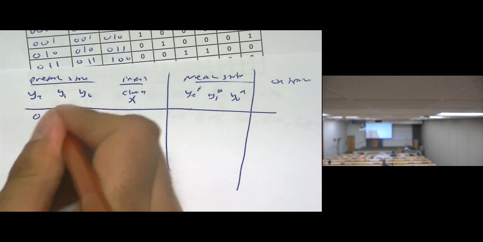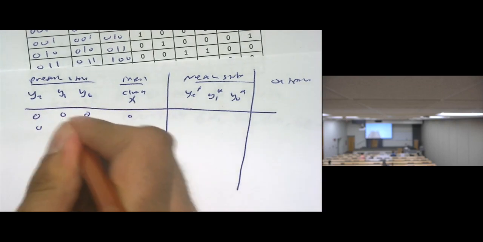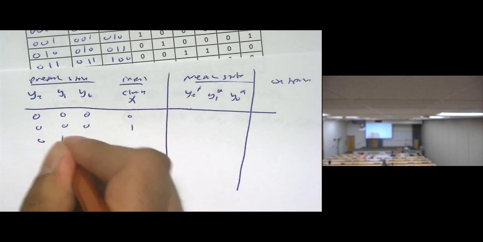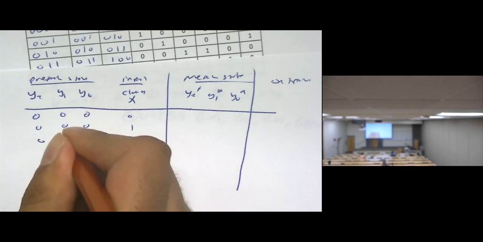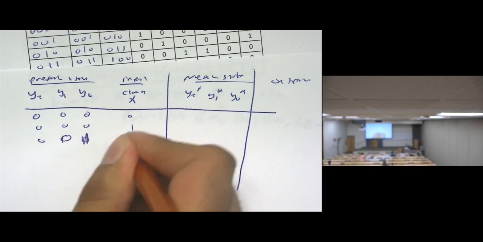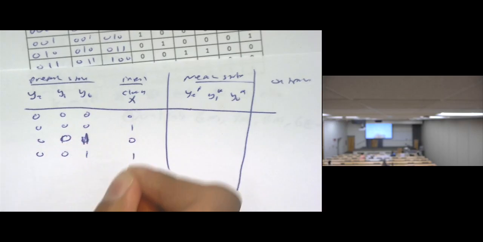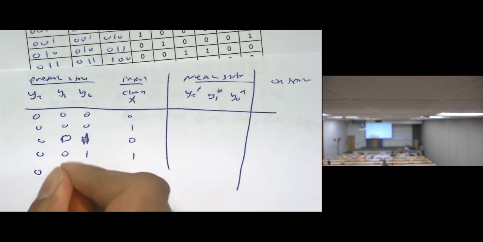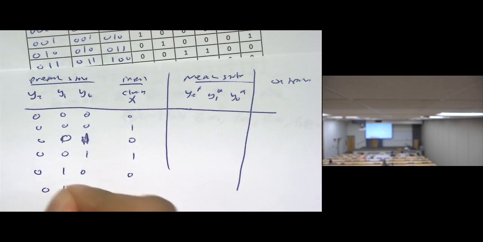So we can say this is 0, 0, 0, 0, 0, 0, 0, 1, 0, 1, 0, 0, 0, 1, 0, 0, 0, 1, 1, 0, 1, 0, 0, 0, 1, 0, 1.